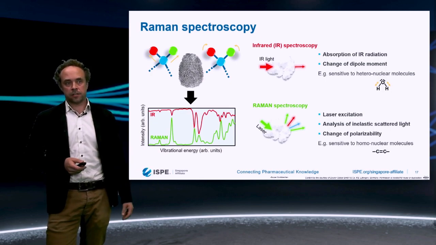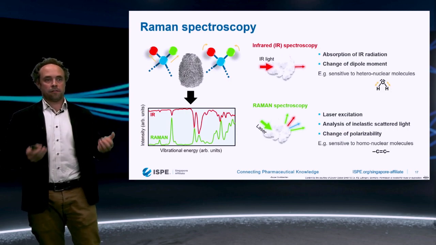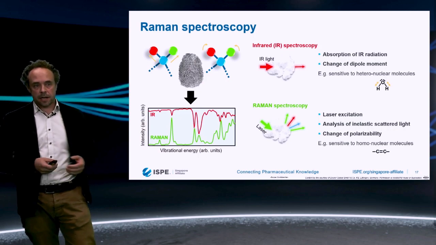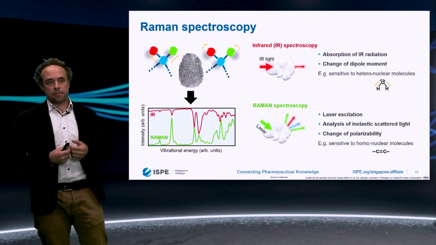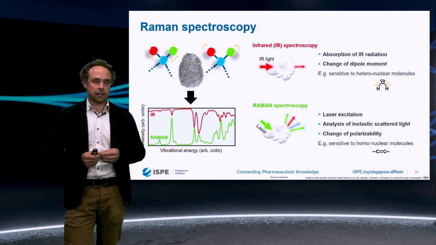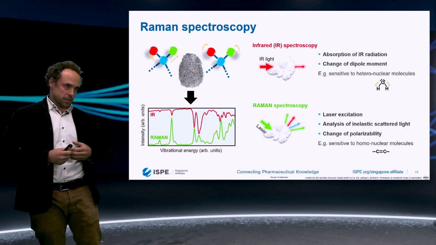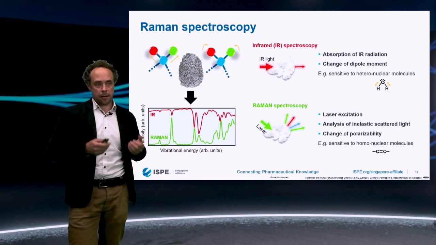As you learned, in infrared spectroscopy we are measuring the absorption of IR light, and in Raman spectroscopy, we are basically exciting the sample with monochromatic laser light, and we're measuring the inelastically scattered light, meaning the light which, for example, lost some energy because some energy was deposited in the sample and vibrations had been excited.